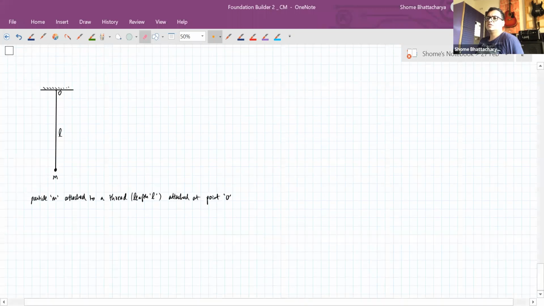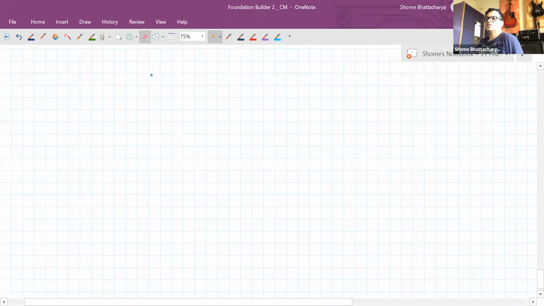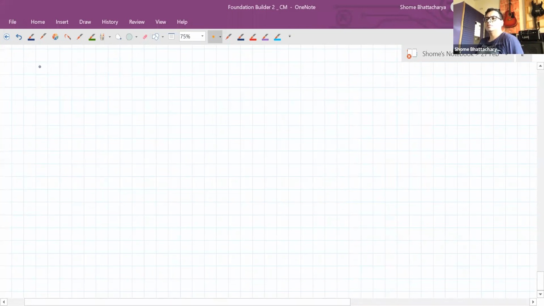We had seen a case of non-uniform circular motion also, and the dynamics of non-uniform circular motion last time. Now the next thing we will look at is the concept of centrifugal force in a rotating frame.